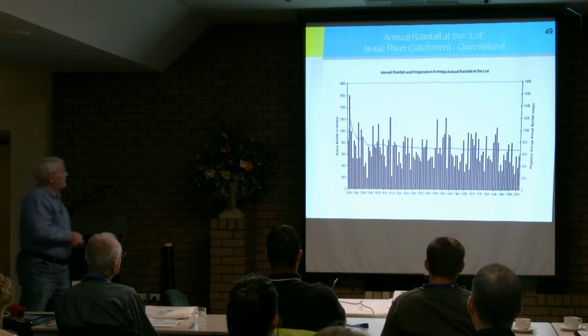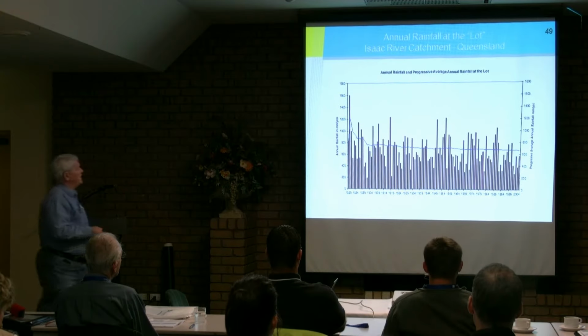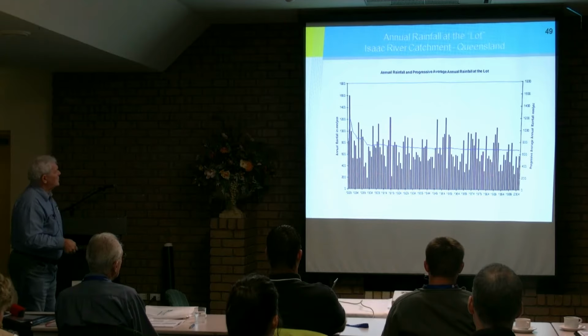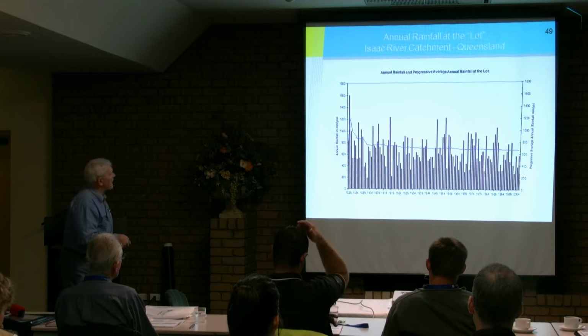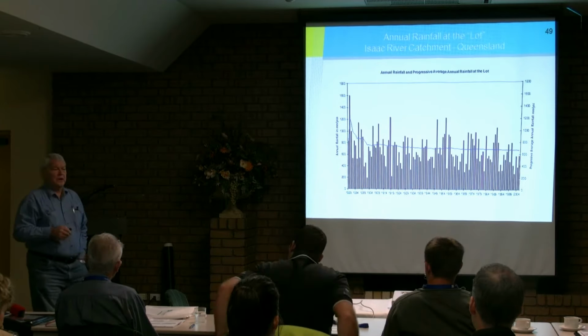This here is another example of the Isaac River catchment, again in central Queensland, where these are rainfalls, and that there I think might be progressive average annual rainfalls as we're going through. Average rainfalls mean nothing in Australia.